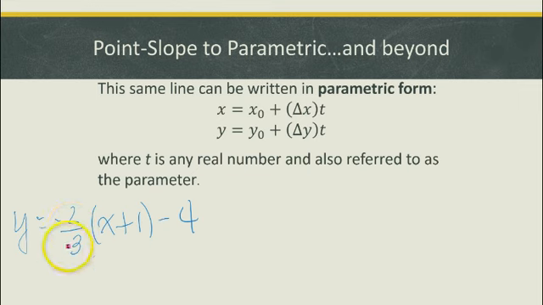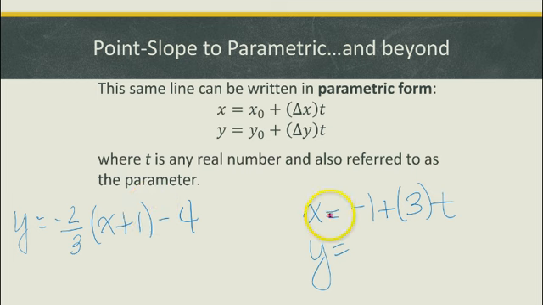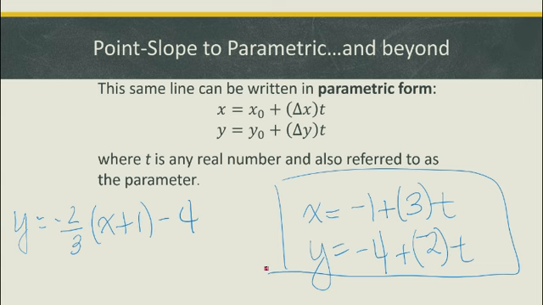So I can write the equation of this line in parametric form by saying x equals x naught, which is negative 1, plus delta x, the denominator of the slope, so that's 3 times t, and y equals y naught, which is negative 4, plus delta y, which is the numerator of that slope, so negative 2 times t. And here we have the parametric form of that line.